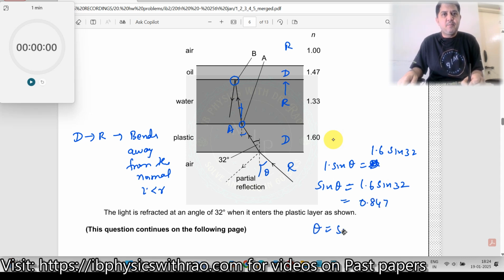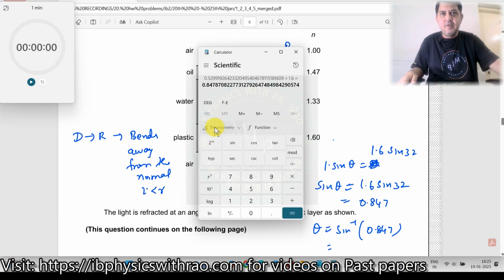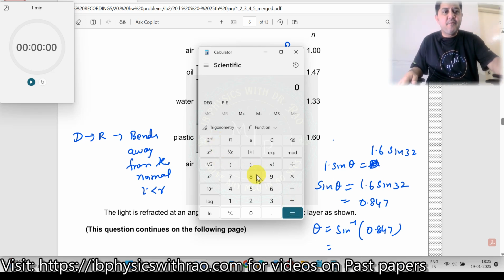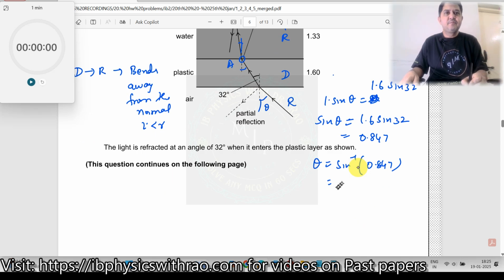The value of theta would be the inverse sine of 0.847. Taking sine inverse of 0.847, it's 57.88 degrees, nearly 58 degrees only. This should be your answer.